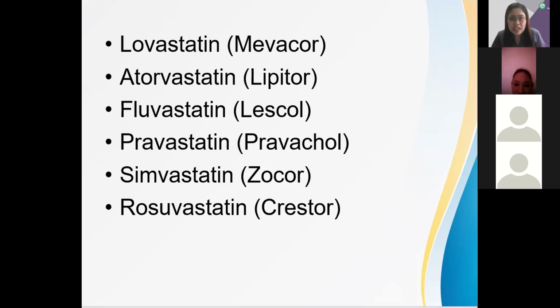Yesterday, I think I have mentioned that except for rosuvastatin and atorvastatin, the rest, lovastatin, fluvastatin, pravastatin, and simvastatin should be given at night. Kasi ang cholesterol synthesis takes place sa gabi. So kay short-acting drugs man sila, so gabi nato siya ihatag.